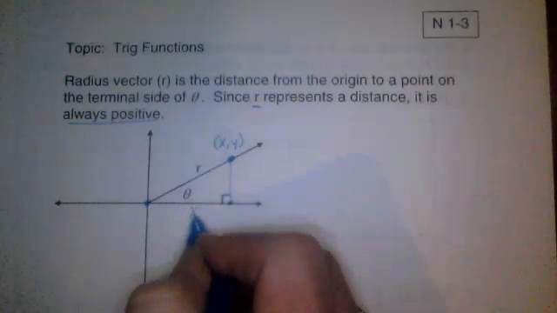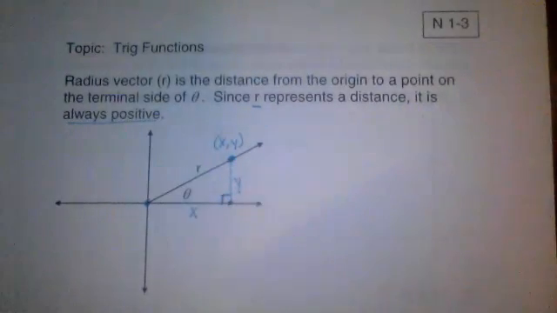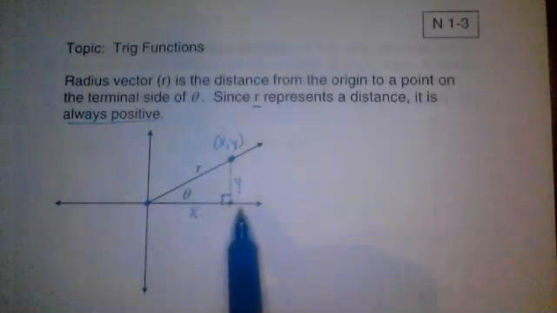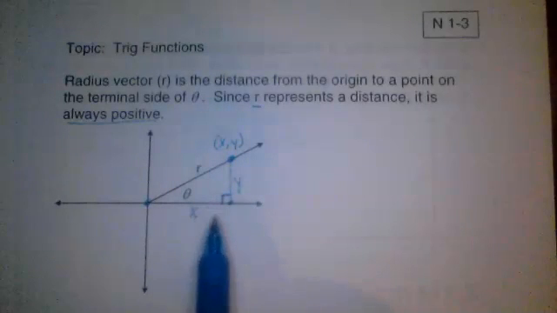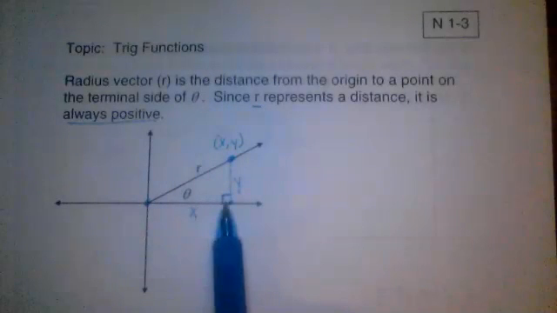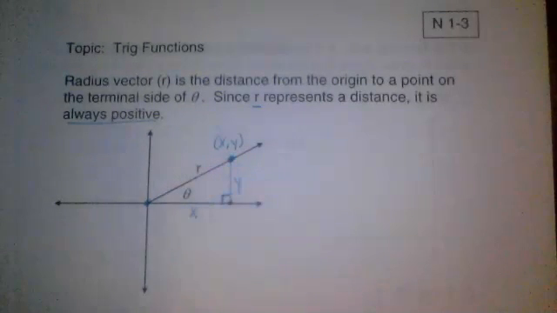This distance would be x, and to get up there to that point, I'd have to go up y. So out to the right x amount, up y amount, and on my triangle I end up with these letters: x representing the distance across the x-axis, y the distance up the y-axis, and then r the distance out from the origin on my circle.